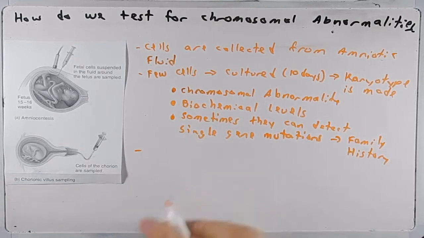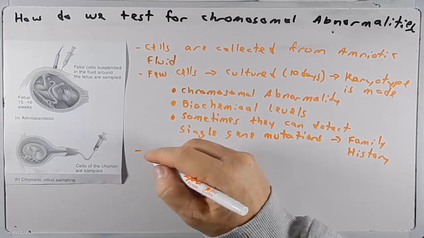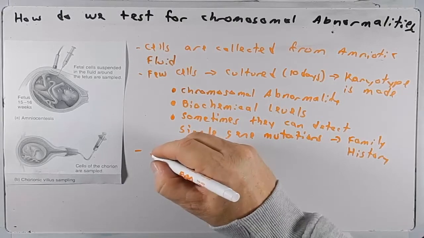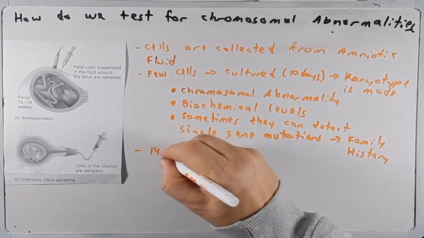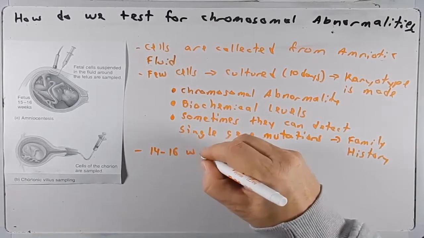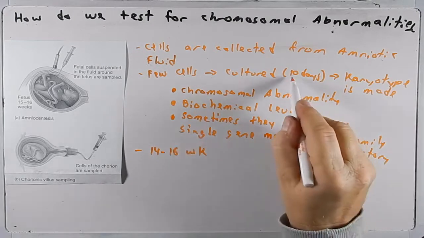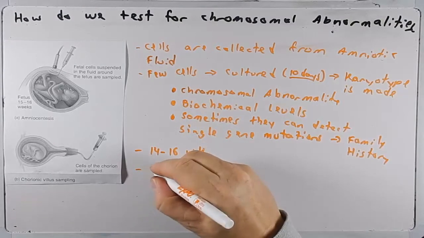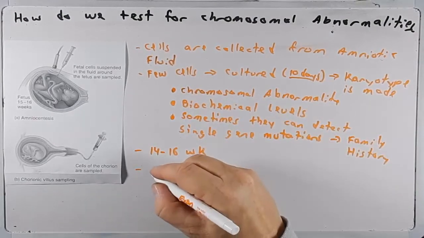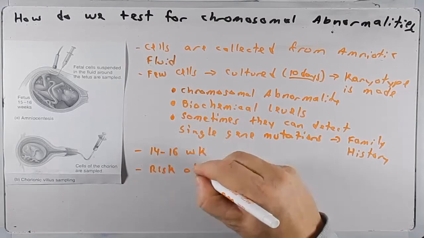So a couple other things that we should remember about an amniocentesis is that it can't be done until the 14th to the 16th week of development. And then it can be done anytime after that as well. A disadvantage, as I said, is that it takes a while, but also there is a risk of miscarriage.